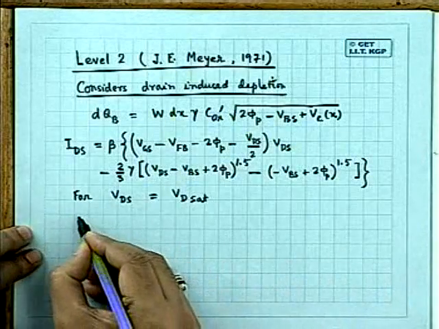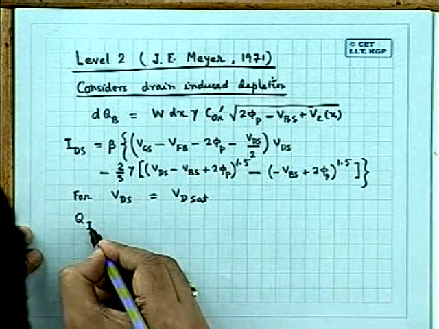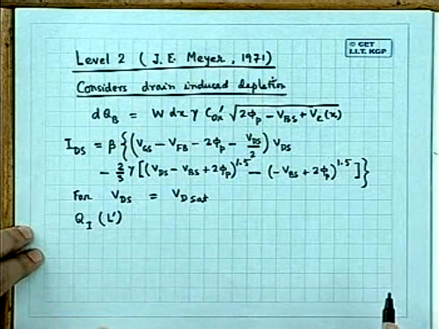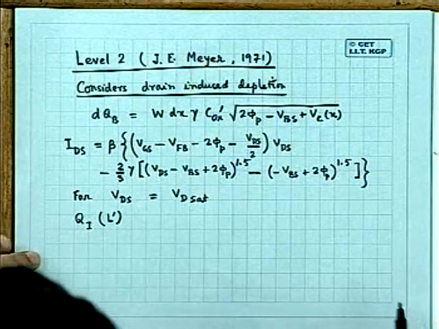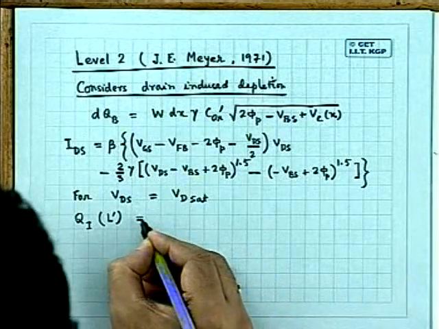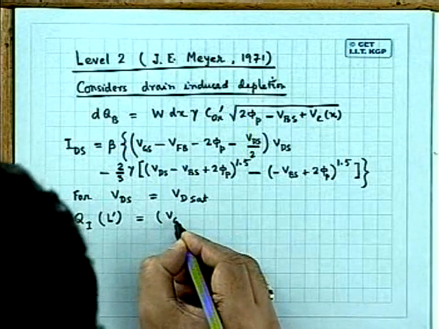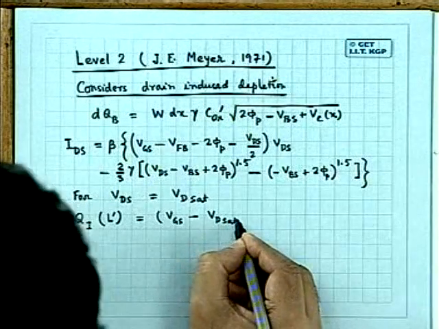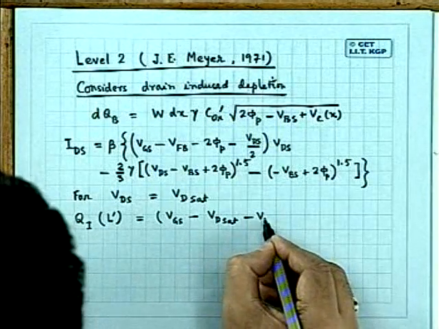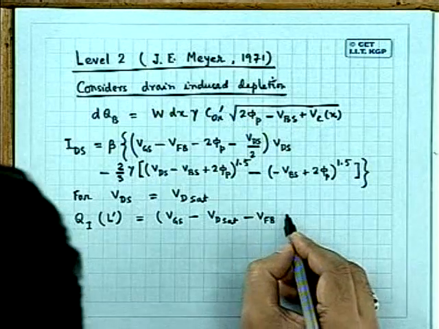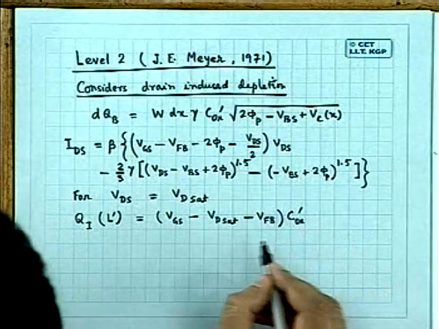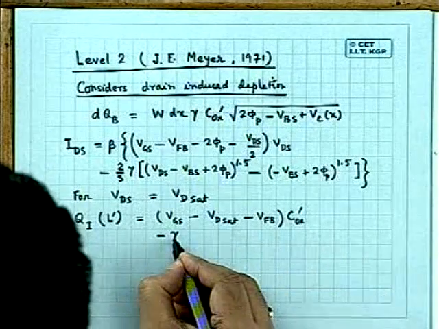what do we assume? We assume that QI, the inversion layer charge at L dash, the point of pinch-off, it may be L effective also, is equal to VGS minus VD sat minus VFB. These things were all done earlier. Plus, please note that the symbols have now been changed.